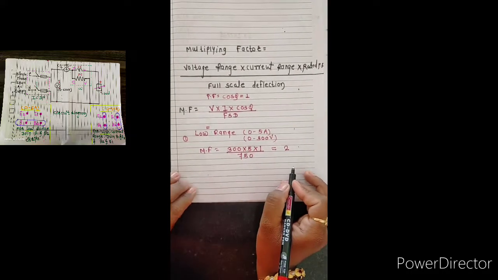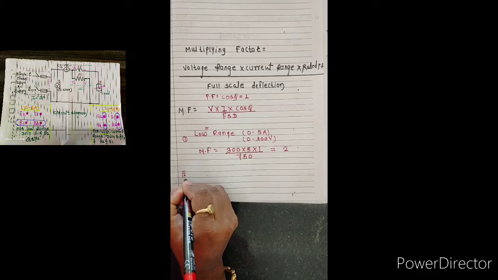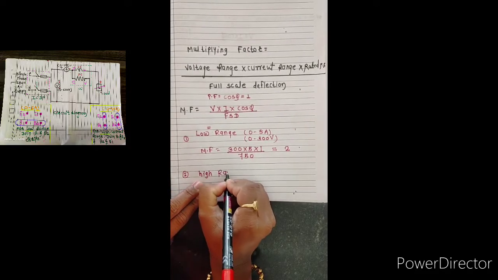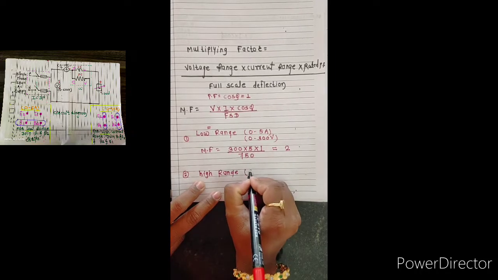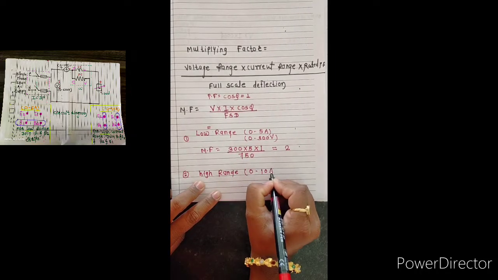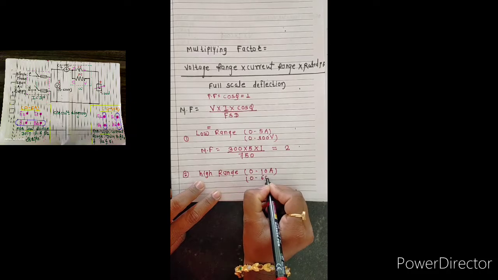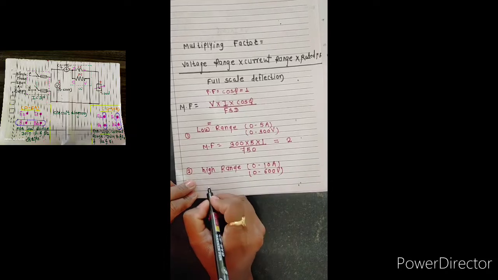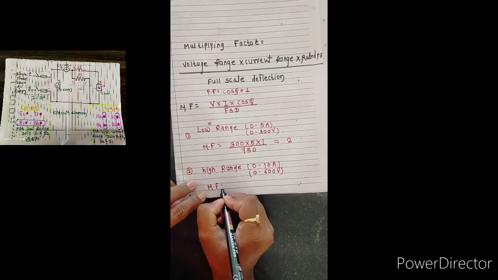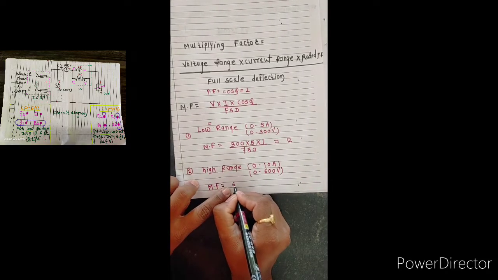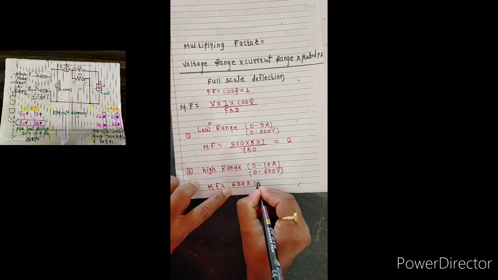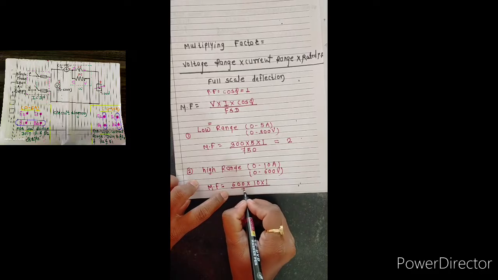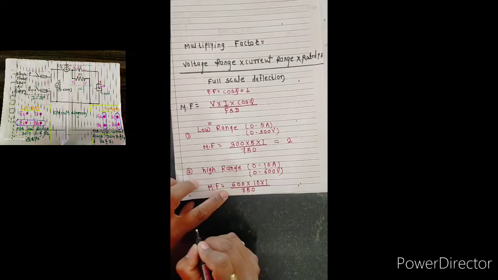Again for the high range, in the high range of the current, we are taking 0 to 10 ampere, that is 10 ampere as the current, and 0 to 600 volt for the voltage. So, again multiplying factor is equal to 600 into 10 into cos phi, which is 1 for the resistive load bank, and here our full scale deflection is 750.